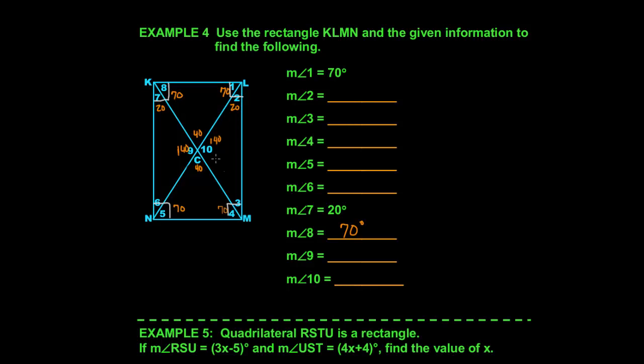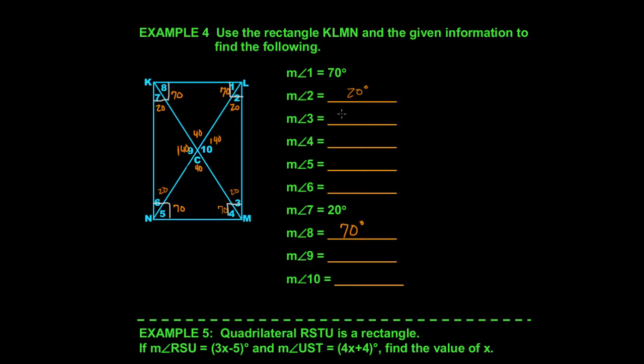We can just go filling stuff in now. These are also congruent because, once again, if this is the transversal cutting right here, here are our parallel lines. These are alternate interiors. And the same can be said over here. Measure of angle 2, 20 degrees.